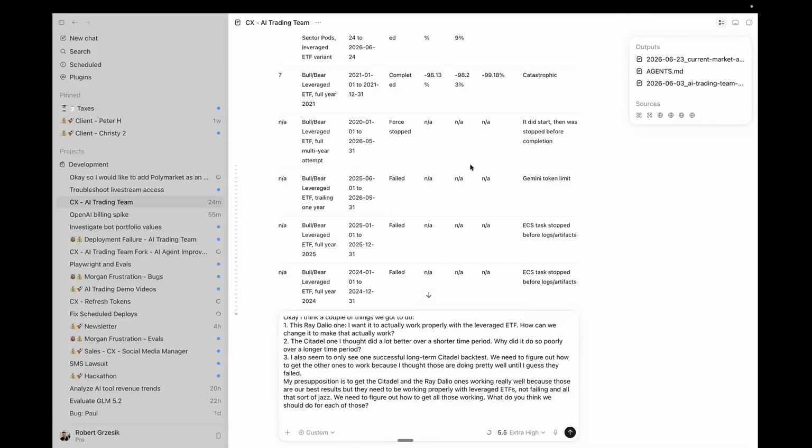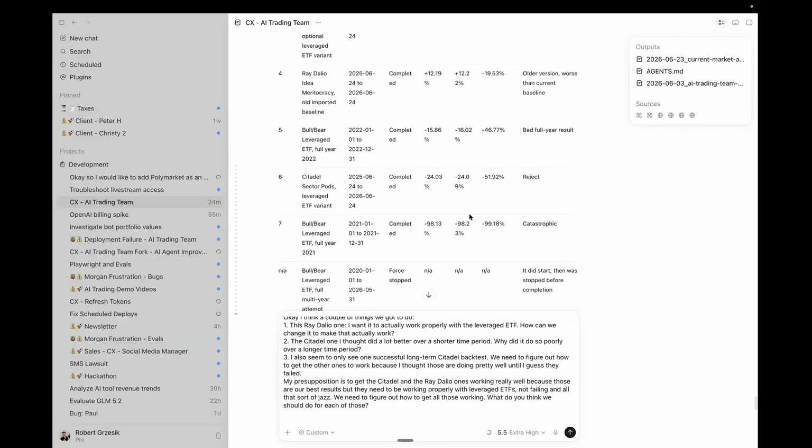And they're both kind of the same sort of thing. One of them is looking at macro conditions for Ray Dalio. I don't even know if it's doing that. And then the other thing we talked about is that we ran the Ray Dalio and Citadel versions where they actually have access to Federal Reserve data.